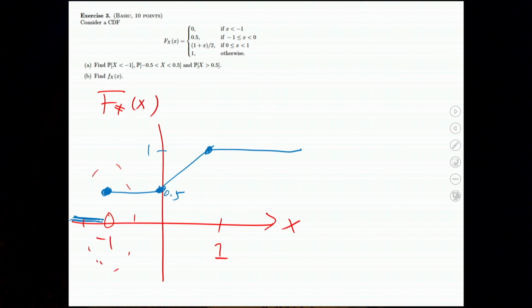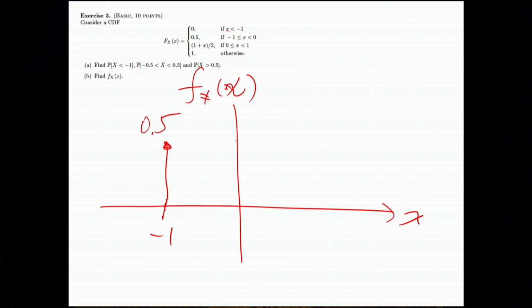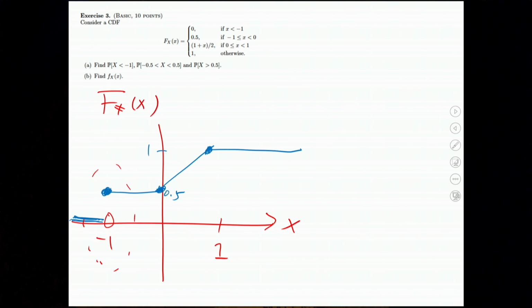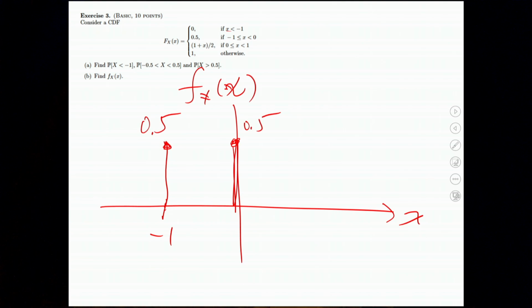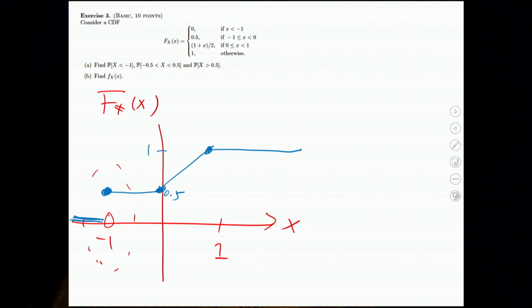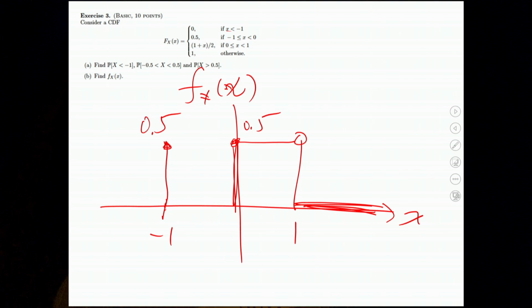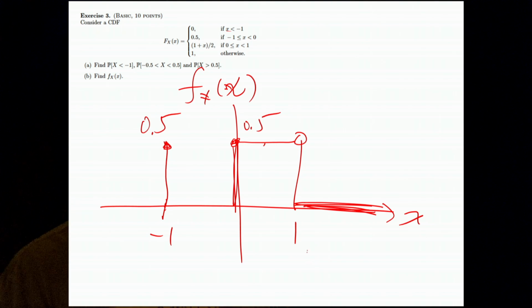And here, because it's flat, taking the derivative is 0. Here I take the derivative, I will have 0.5 again, and then 0. From 0 to 1, I have this slope. This slope is 0.5, so it's here. After x greater than 1 is 0.